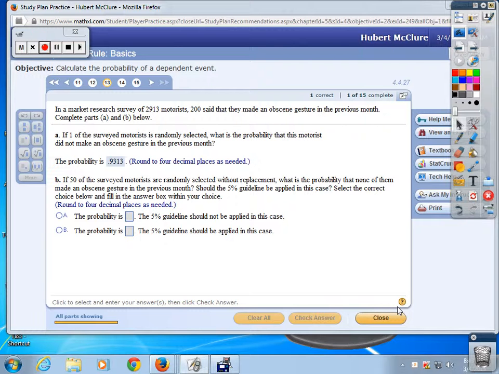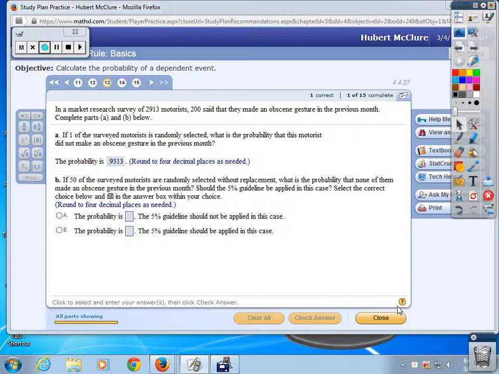Now, it says if 50 of the surveyed motorists are randomly selected without replacement. Usually when you're talking about bodies, it's without replacement. What is the probability that none of them made an obscene gesture in the previous month? Should the 5% guideline be applied in this case?